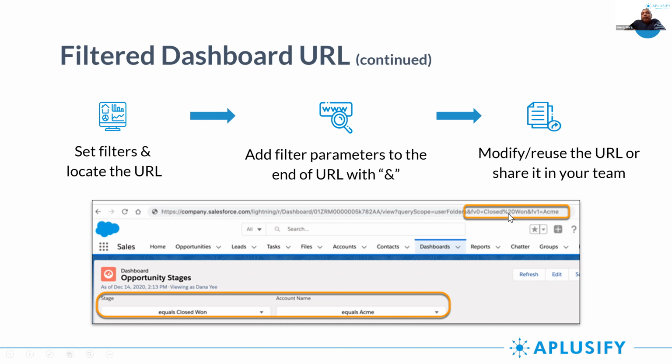So what will happen is these filter values, as you can see, FV0, FV1, if you have more filters, it would have FV2, FV3, FV4, something like that. So every URL is actually a report that you can generate by just copying and pasting it into the browser.